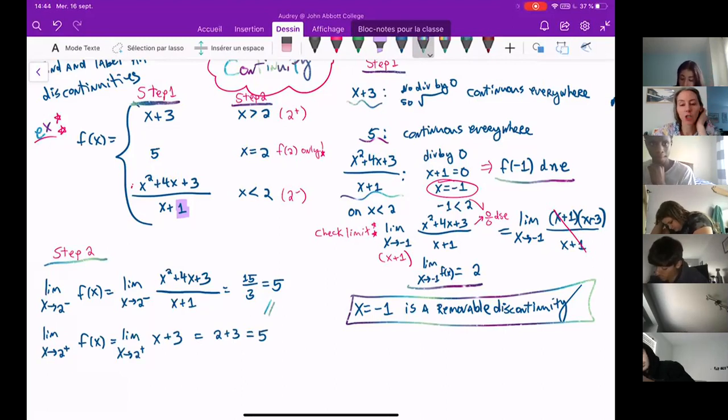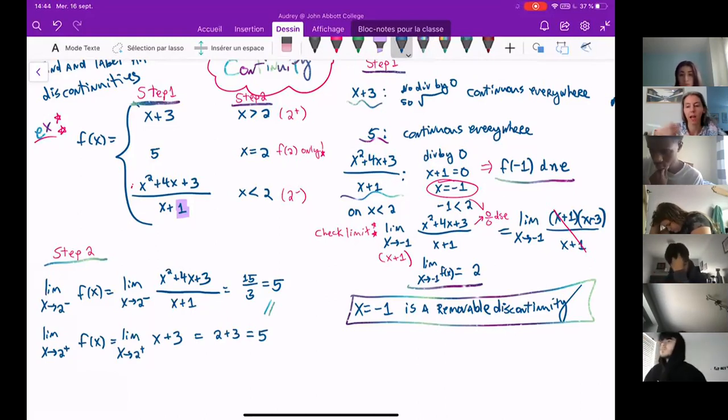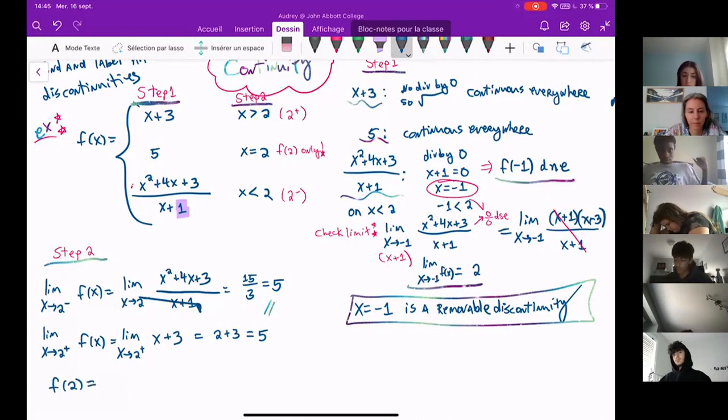This doesn't actually tell me anything because I need to know what f of 2 is. In order to be continuous, remember, the limit has to equal the reality. The expectation has to equal reality. Right now, we've just found out that our expectation is 5. What's the reality? The reality is also 5.